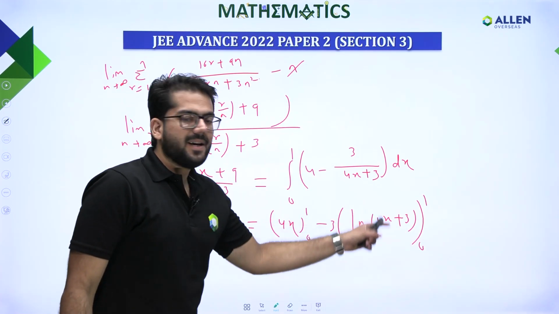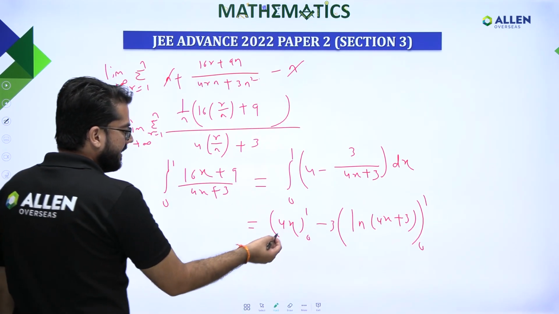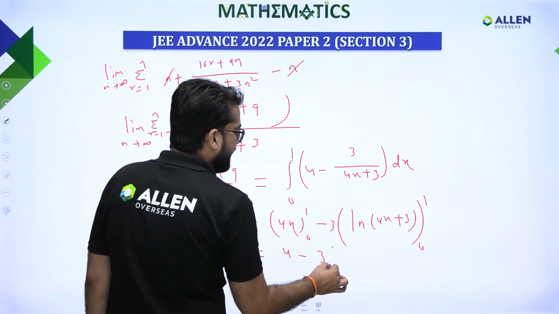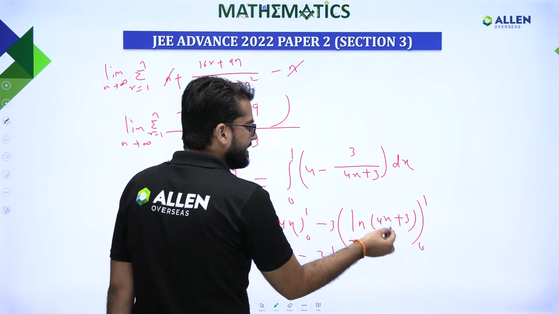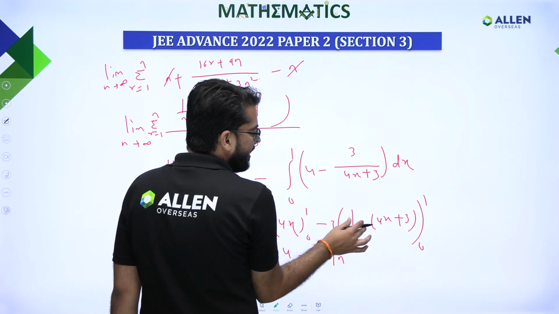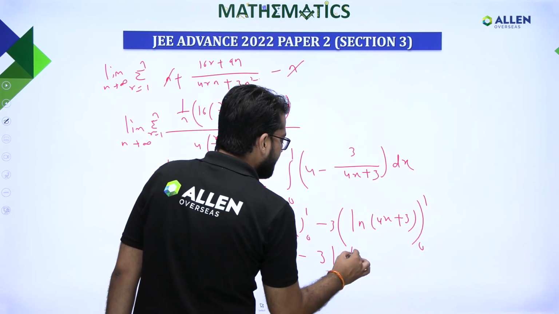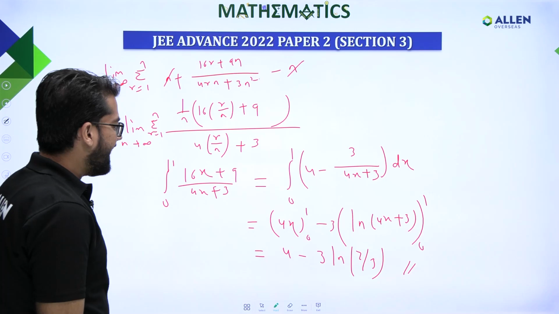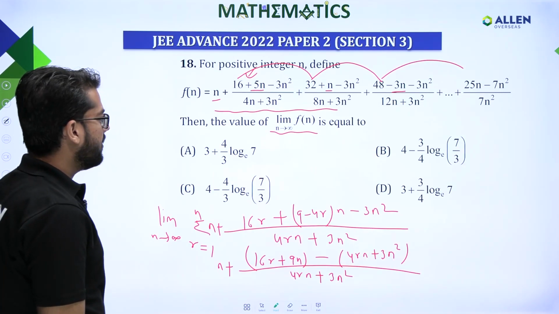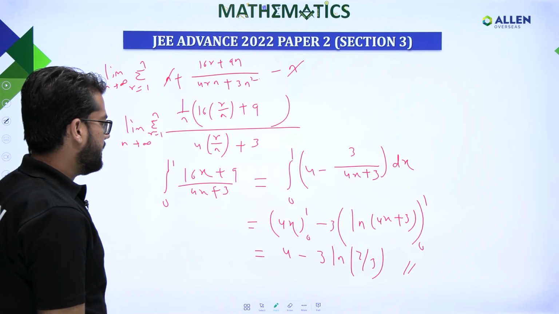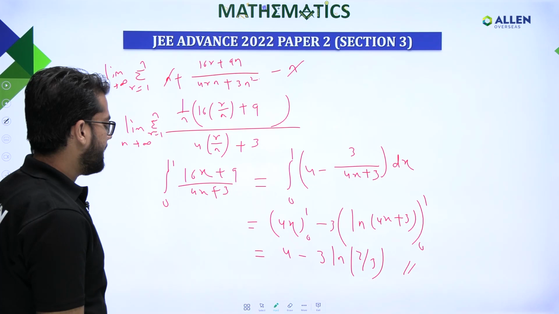Now upper limit minus lower limit as usual, then we have here only 4 minus 3 ln, here 4 plus 3 is 7, when we substitute here 0, then here we have the 3 only, so ln 7 minus ln 3, then we can write 7 by 3. And now look into the option, 4 minus 3 ln 7 by 3, where it is 4 minus, alright, 3 by 4 we have, is there any mistake?